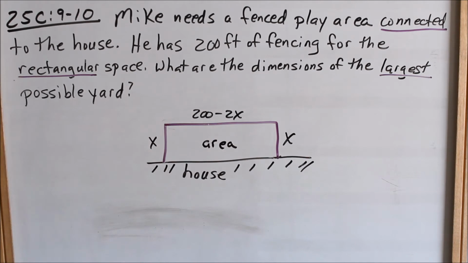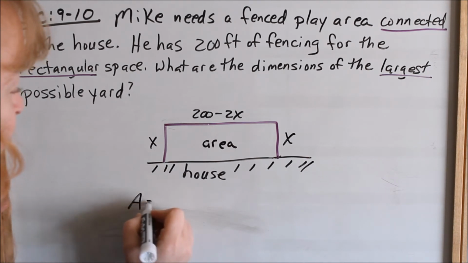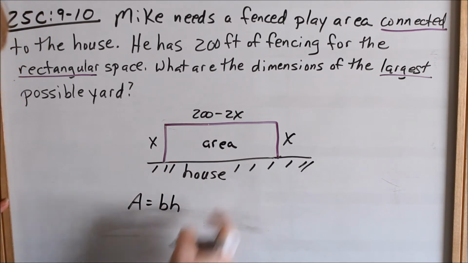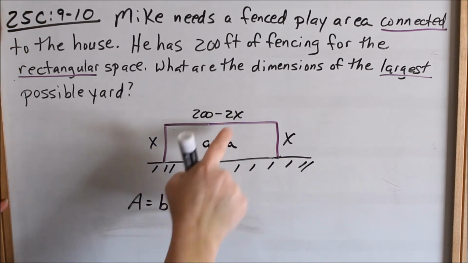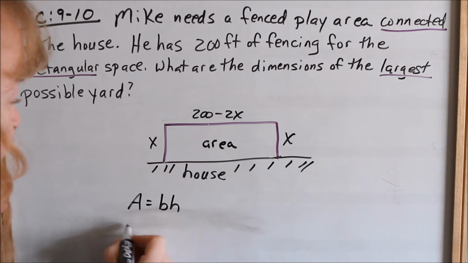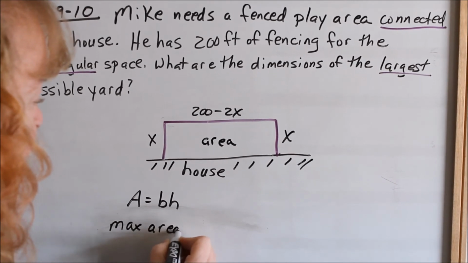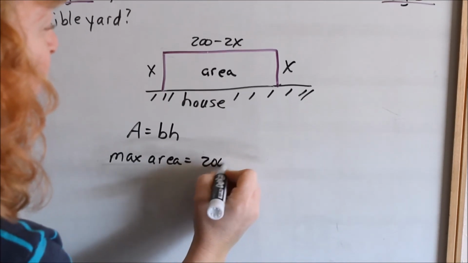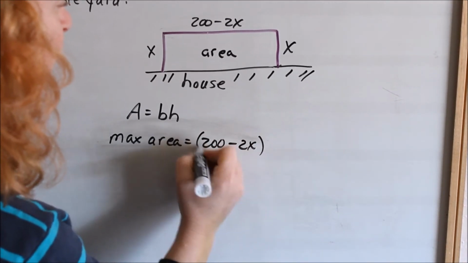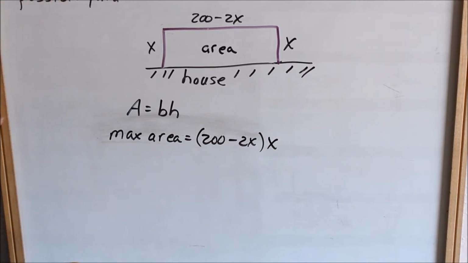How do we find the area of a rectangle? Base times height. So the area of my rectangle is base times height. My height is x, this is my base. So for the maximum area, that equals my 200 minus 2x times my height.